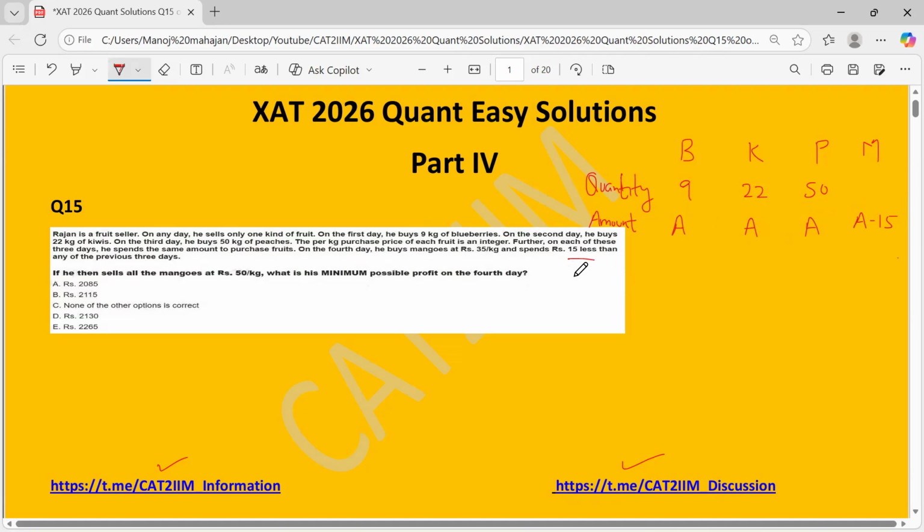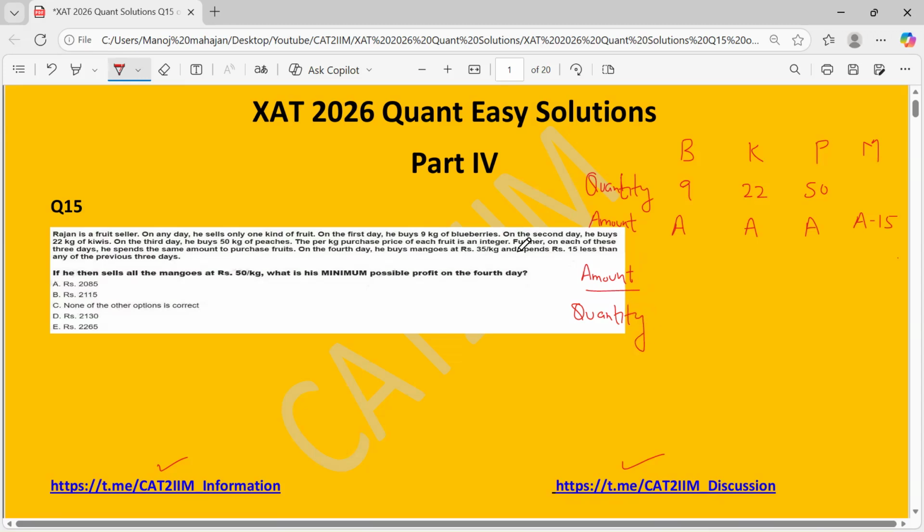So if I wanted to calculate the per kg price, what I could have done is the amount whatever you have spent divided by the quantity.